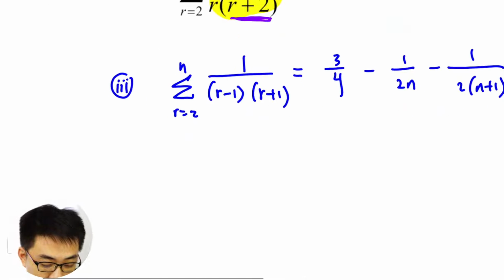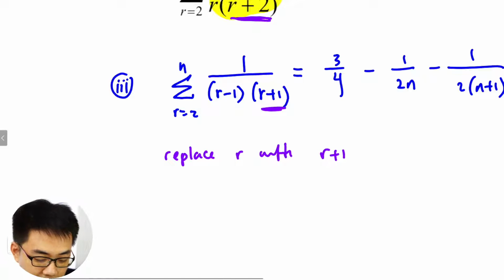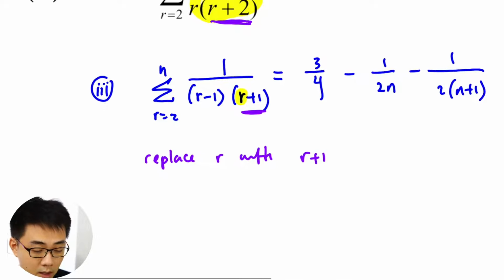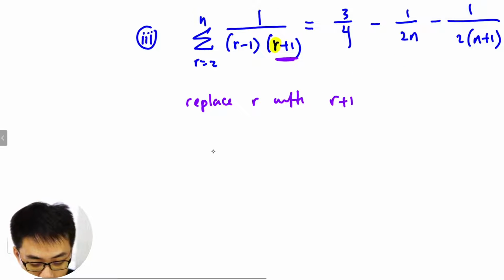So what you're going to do is replace r with r plus 1, because if you replace this with r plus 1, it will become r plus 2 eventually. When you replace with r plus 1, everything replaces.